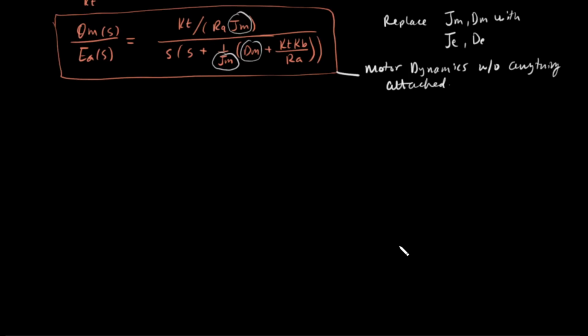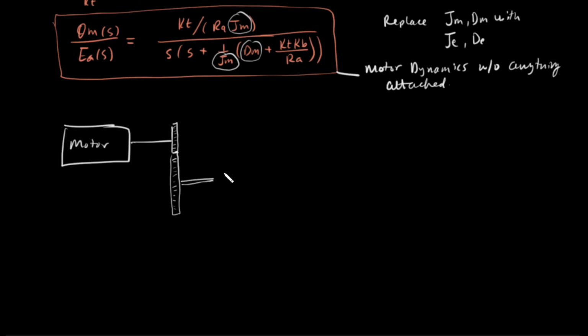Okay, but obviously we attach things to the motor so that we can control it, and as we've seen before, we can model what's on the other end of the motor. Okay, so if this is our motor and we have our shaft here, often these motors are connected with gears. Let's just model these things as gears. And this can come into a motor that has an output shaft and load, which we call JL, which would be the load. And this will be the number of teeth on the first gear.